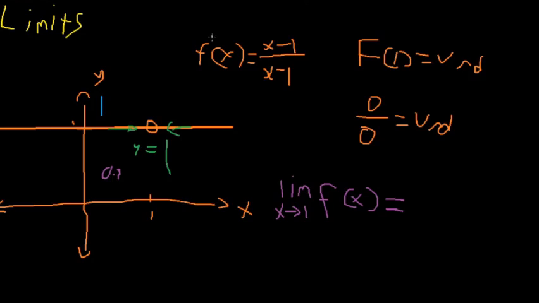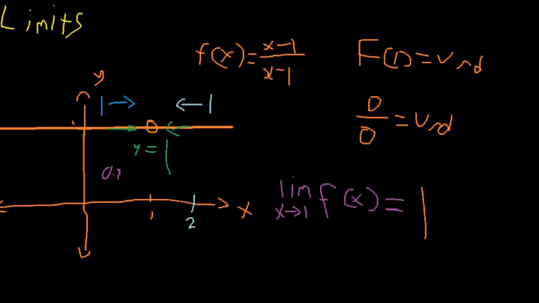And same for the other side, if we did 2, this would also equal 1. So as we're getting closer and closer from both sides, the value is still going to equal 1. So the limit as x approaches 1 of f of x equals 1.